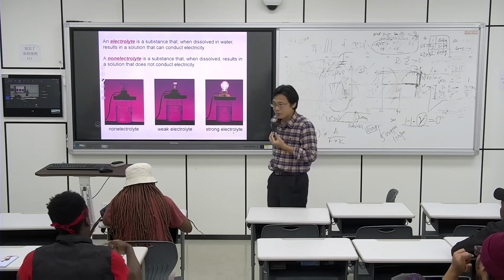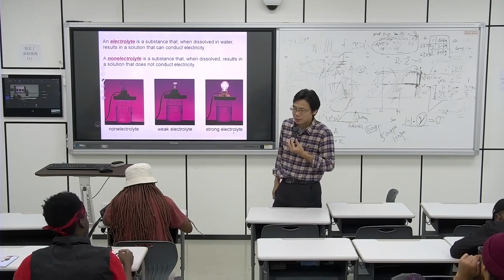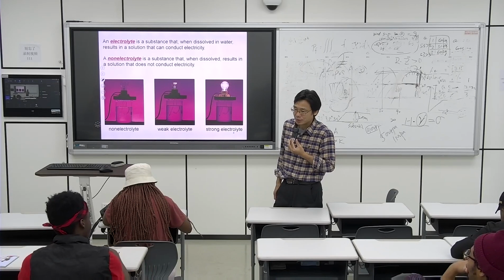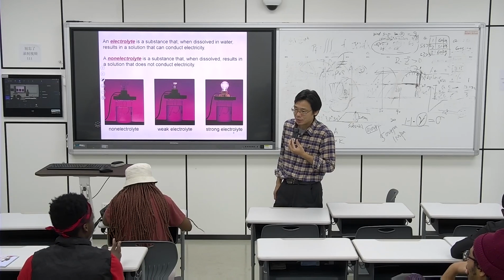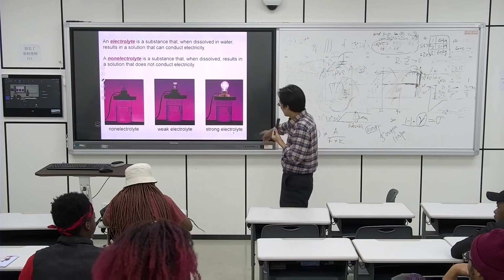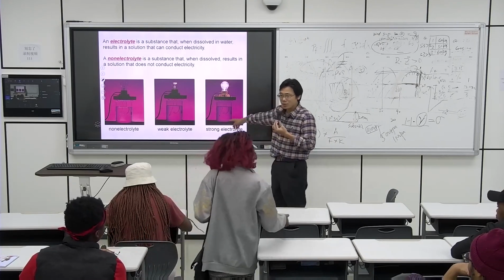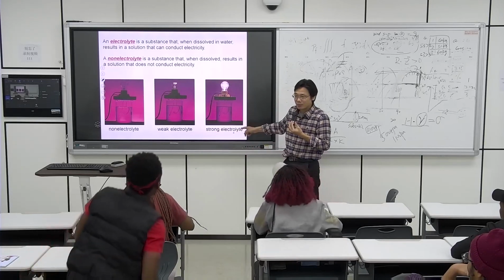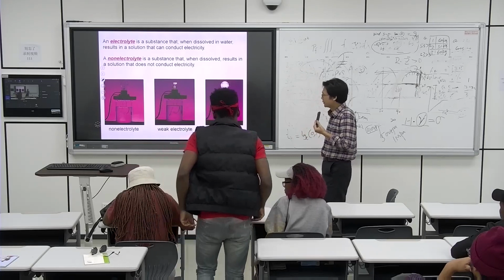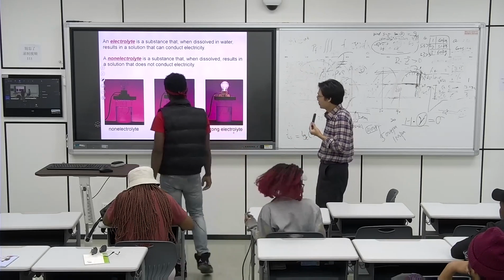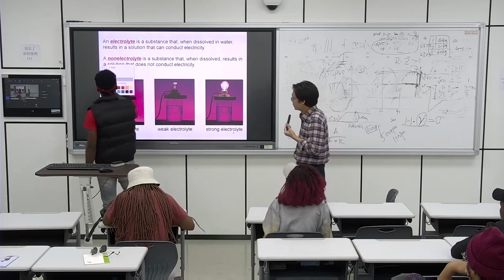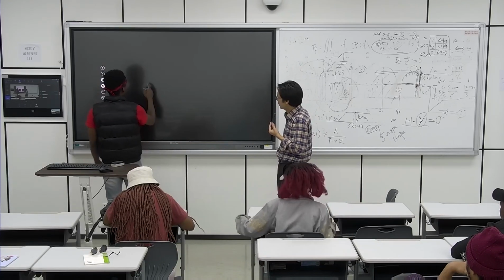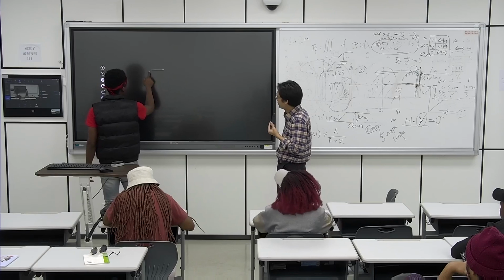For example, a cup with a wire on this side and a wire on that side, and in that container there is an electrolyte. I'll draw it.